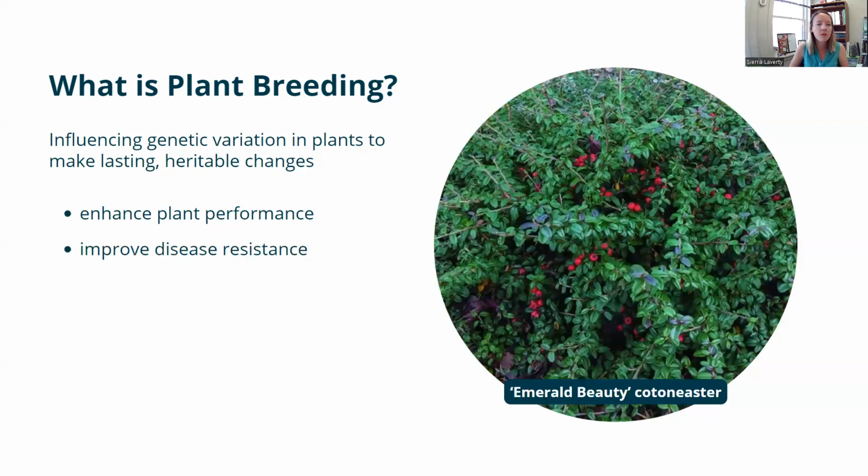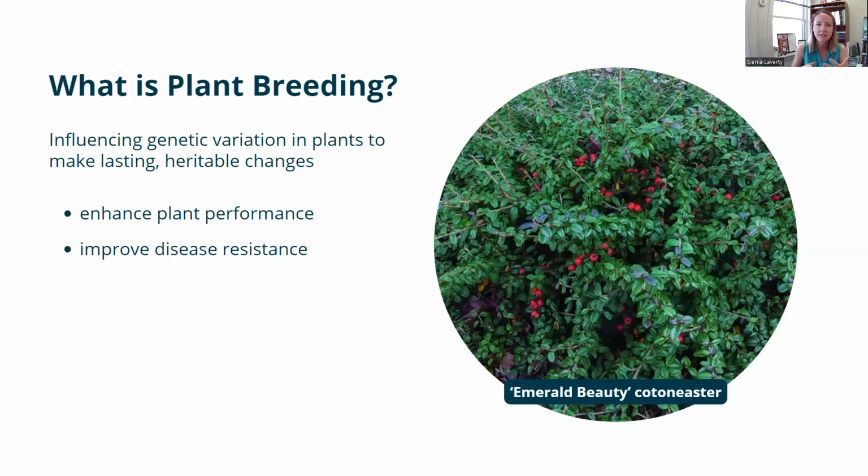We could also improve disease resistance. So this example, Emerald Beauty Cotoneaster, is actually a cultivar that my ornamental plant breeder teacher at Oregon State created and patented, which we'll be talking about later in the semester, plant patents and why that's important.